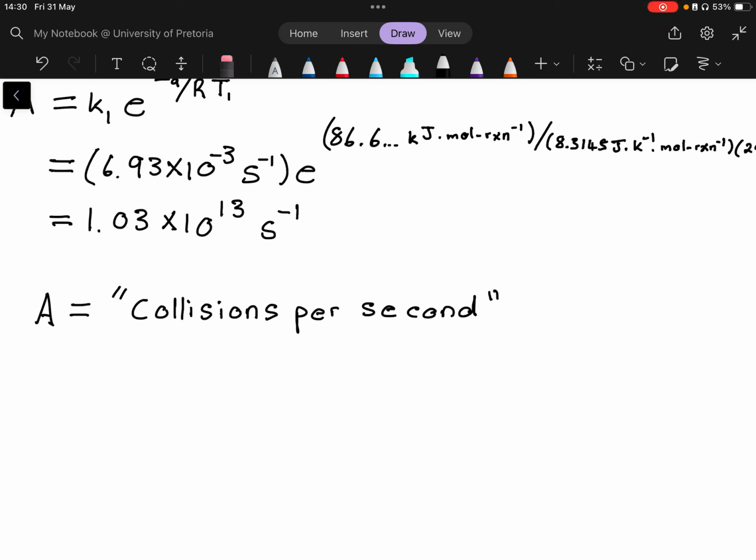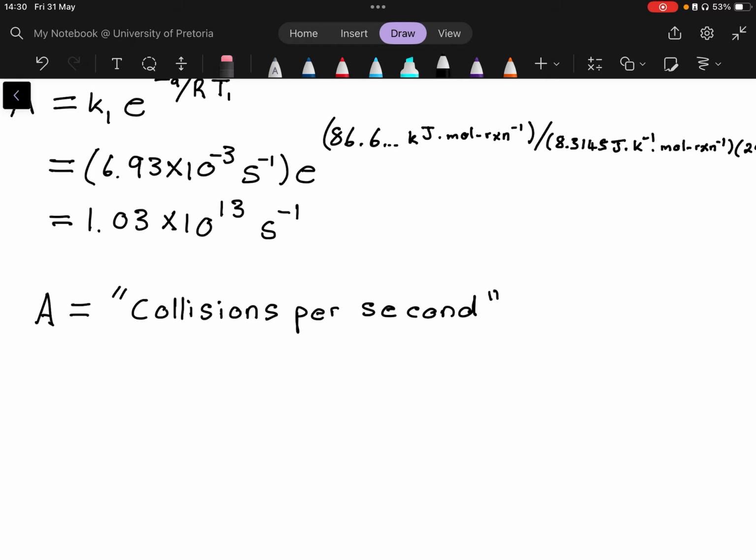And to imagine if you have some gas or whatever, if you have 1 mole of that gas, just imagine how many collisions there are potentially per second in that 1 mole of gas. And so in other words, it makes a lot of sense that it should be a very high number or very high frequency for the reaction. And it links to the reaction rate, of course, and how quickly the reaction proceeds.